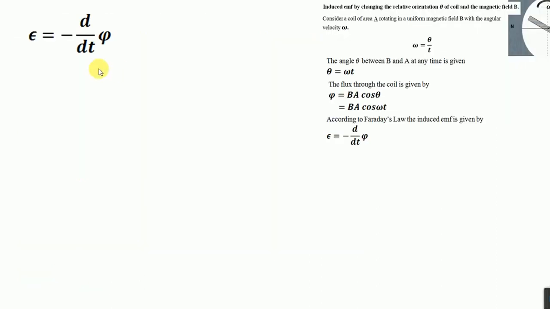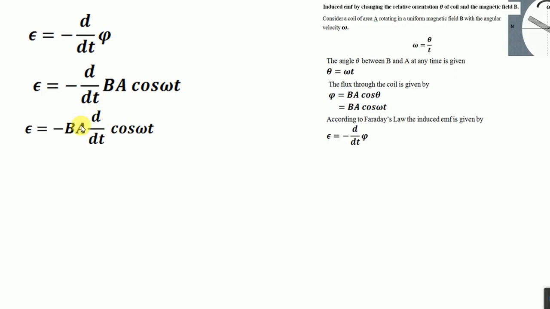Now we'll put the value of phi, BA cos theta. B is the magnetic field and A is the area, which are constant. They do not depend on time, so they will come out. We have to differentiate cos omega t, because the angle omega t changes with time.